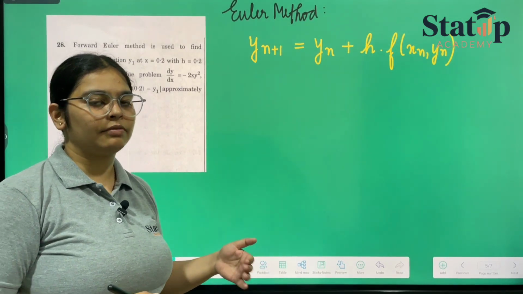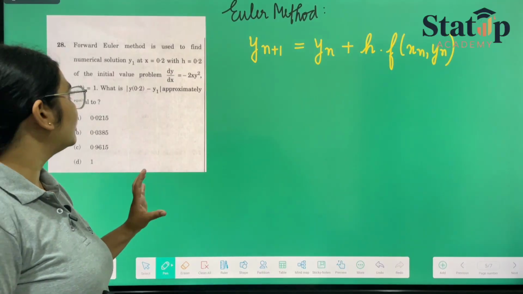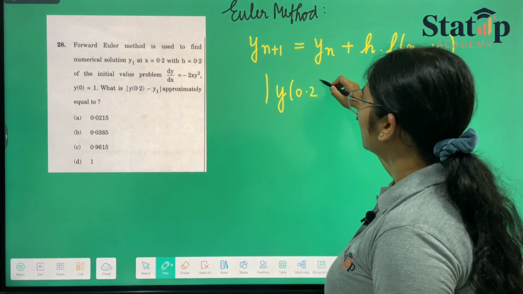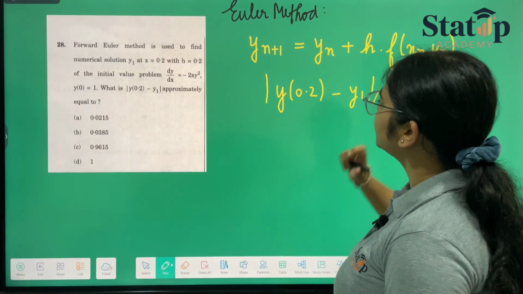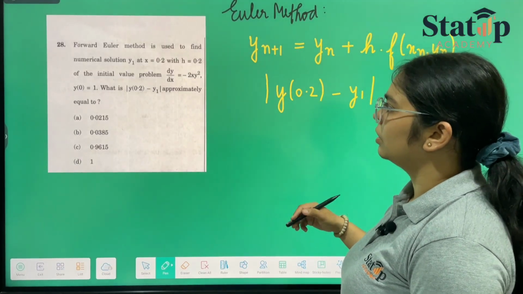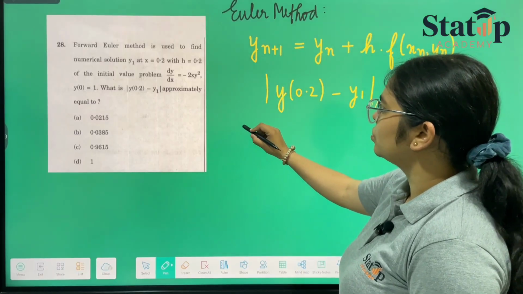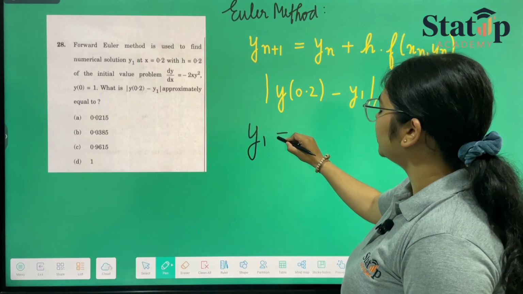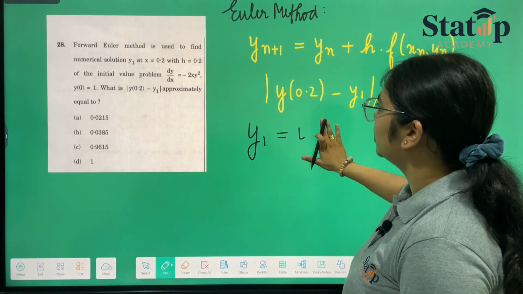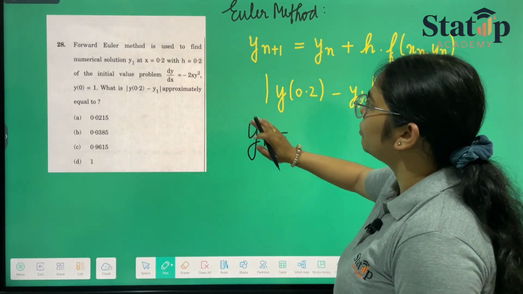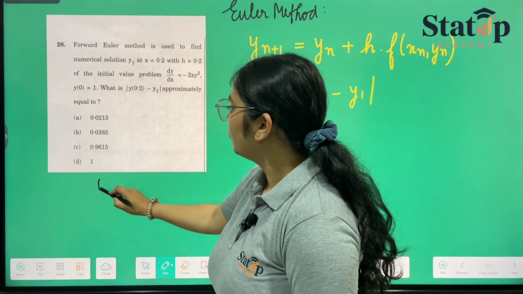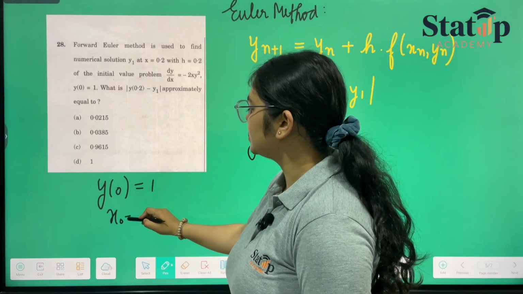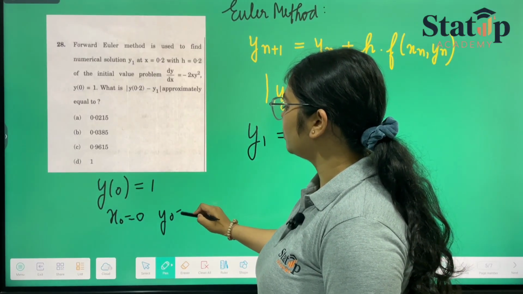So every time we have to calculate for every value. First of all, they have asked us to calculate y(0.2) minus y1, where y1 is nothing but our Euler method numerical solution at x equals 0.2. So let us see what will be the value of y1. The initial value is y0 equals 1, where x naught is 0 and y naught is 1.